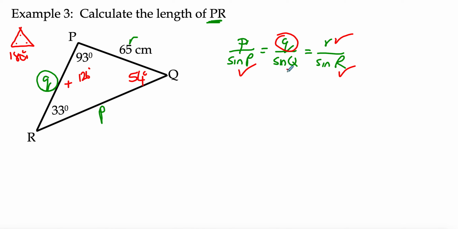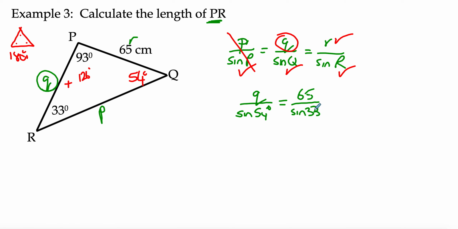So now we've got Q as well, and even though we've got part of that third fraction there, we're going to just dismiss fraction P, and we're going to close off the problem using Q and R. So we don't know what small q is, that's what we're trying to find. We'll keep it as that, over the sine of capital Q is 54 degrees, equals small r is 65 over the sine of R, which is 33 degrees.